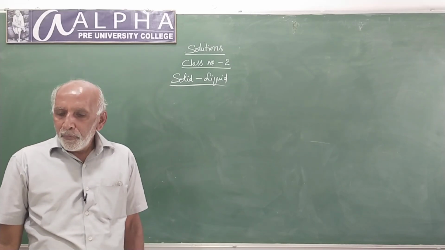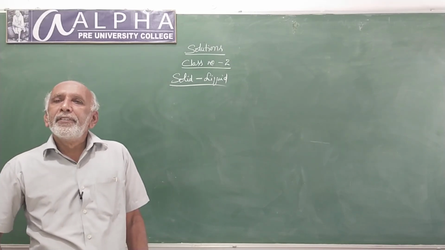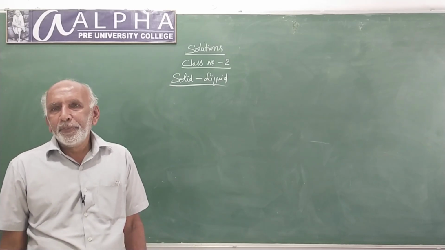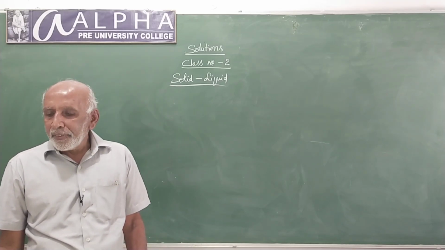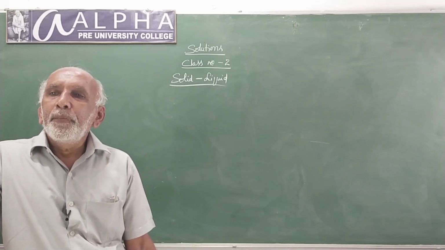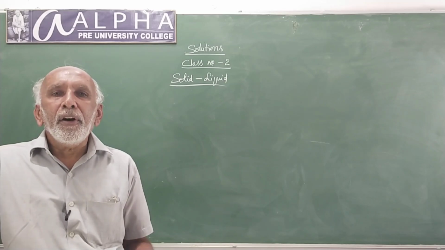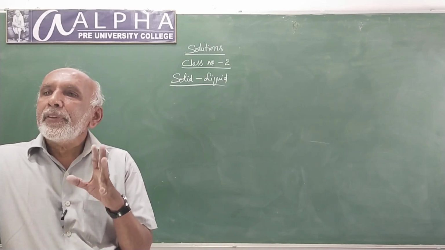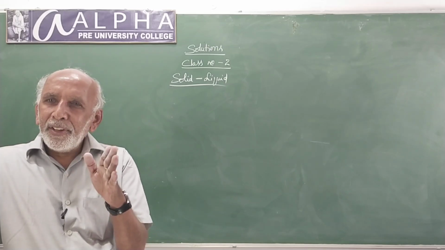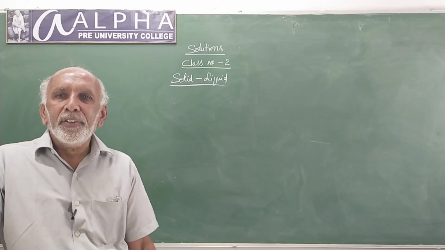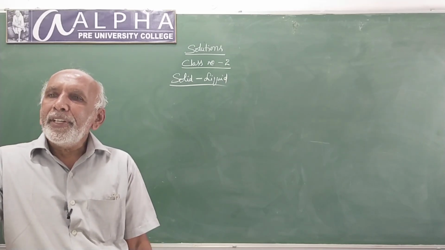Okay. First, let us consider nature of solute and solvent. In fact, solubility of solid solute in a given liquid solvent depends upon nature of solute and also the nature of solvent. See, one important thing is there.